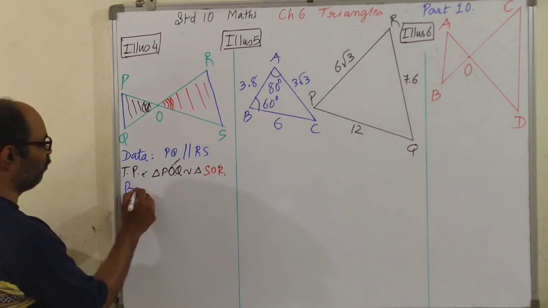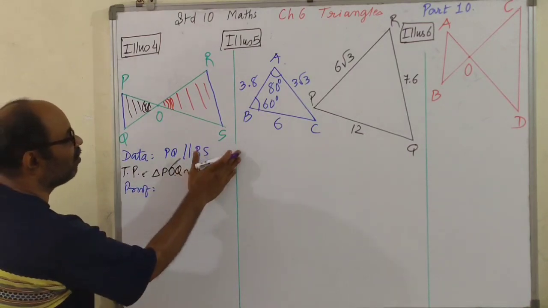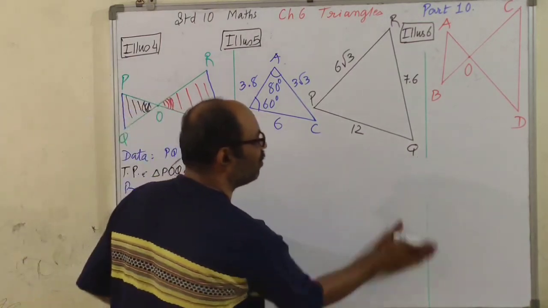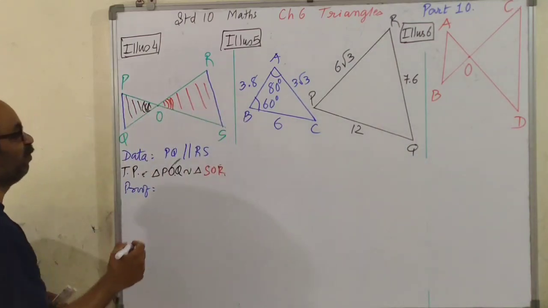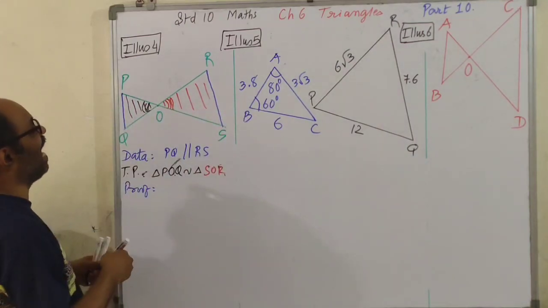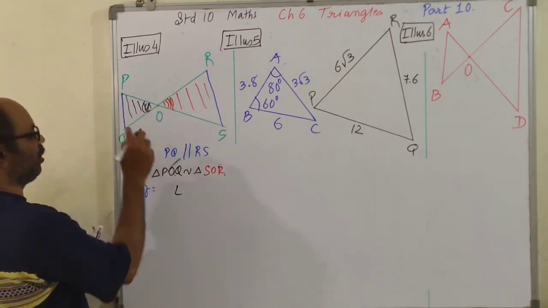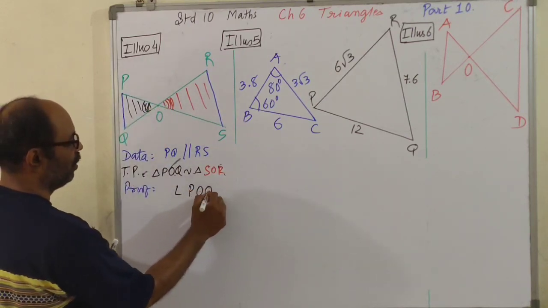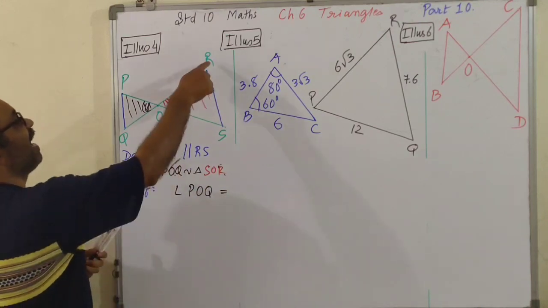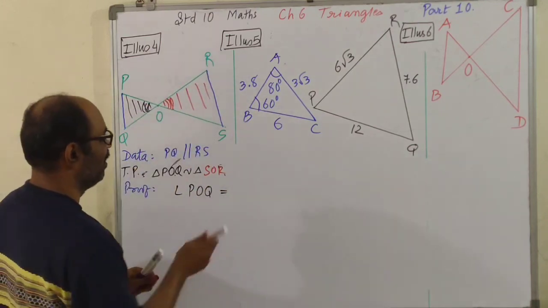Okay. Proof. I can use all this part. Black angle POQ is equal to red angle ROS.